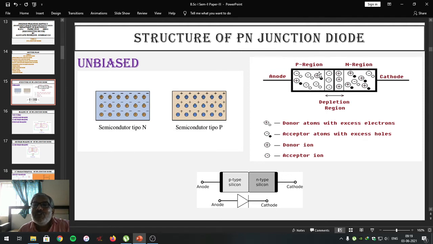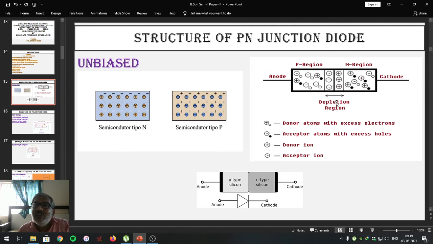The process of motion of holes from the P region into the N region and electrons from the N region into the P region is called the process of diffusion. With this diffusion process, in the N region, a large number of positive ions are generated. In the P region, a large number of negative ions are generated.